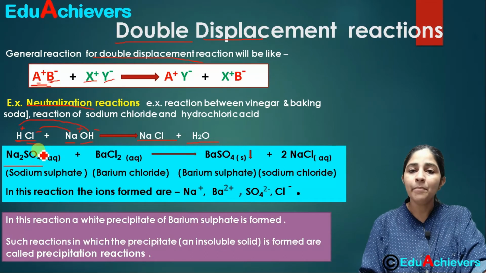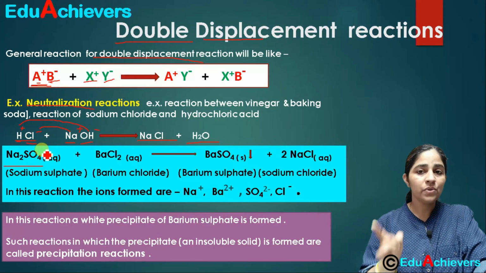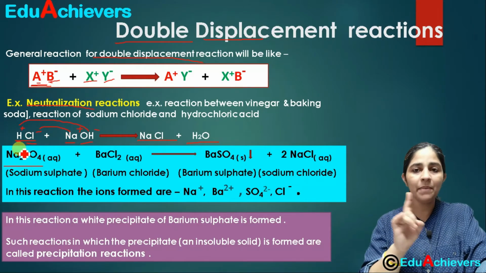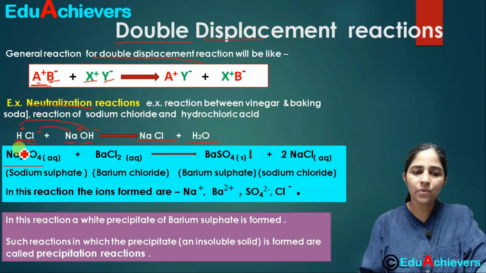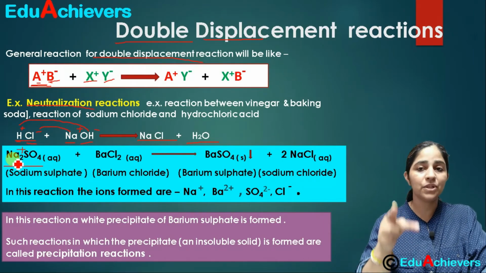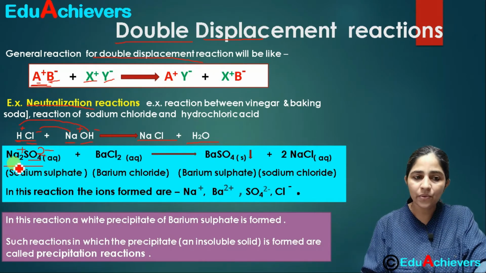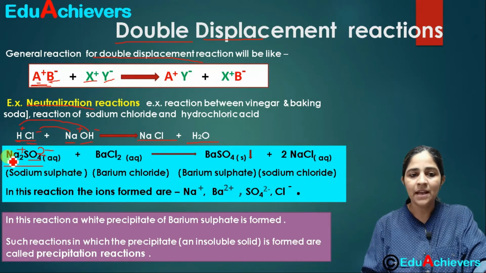The sulfate group has a -2 charge, correct? And sodium has only 1 extra electron, so it has a +1 charge. So 2 sodiums will attach with the sulfate group, because the SO4 group has 2 negative charges and sodium has a +1 charge.